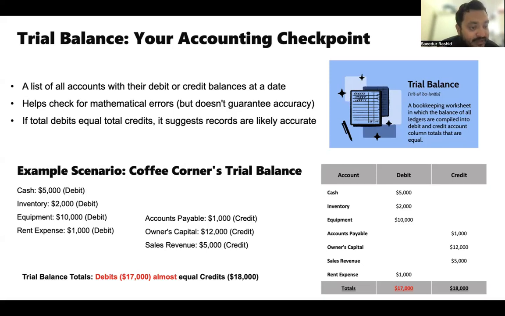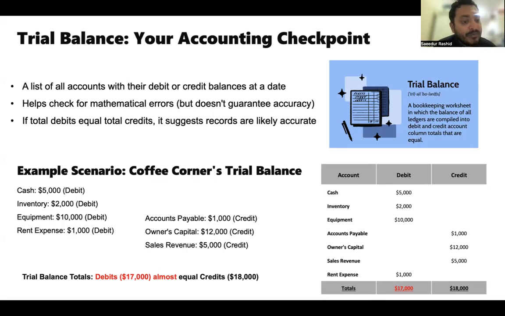If the total debits for all accounts equal the total credits, it suggests a high likelihood that our records are error free. However, it's important to remember that a balanced trial balance does not guarantee complete accuracy. It simply means the math adds up on a surface level.